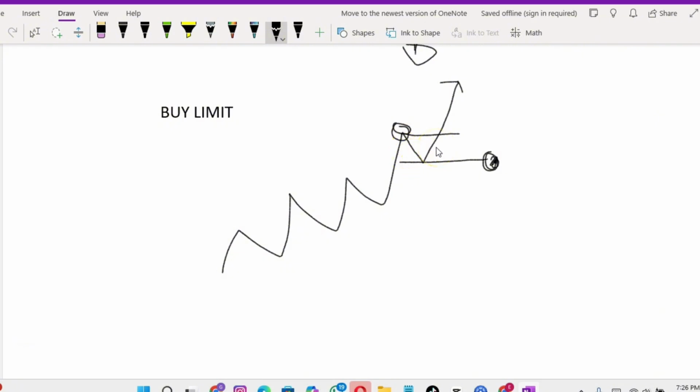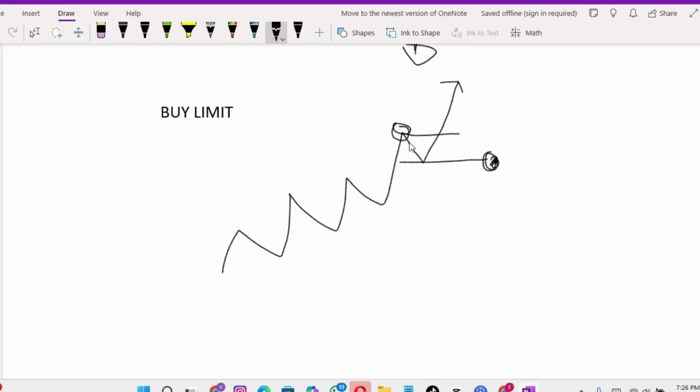Now, don't forget that the market might not retrace. You might not get to your pending order. So it's like a probability, but you should also be aware that for you to place a pending order there, there might be some things you have seen that tell you the market might retrace to your pending order. Let's take, for example, that you are busy doing something and you are not on your chart currently.